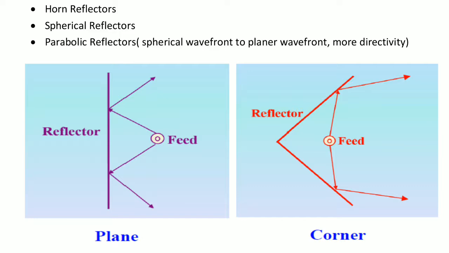So we can see from this picture there are two mutually intersecting conducting flat surfaces. These corner reflectors have better directivity as compared to a planar reflector.